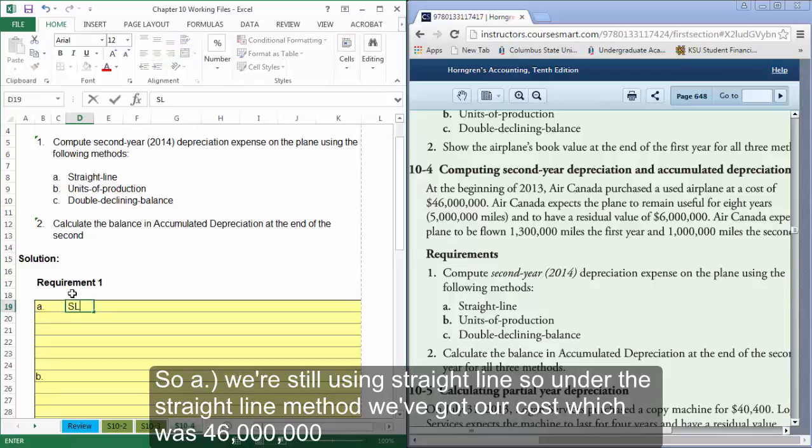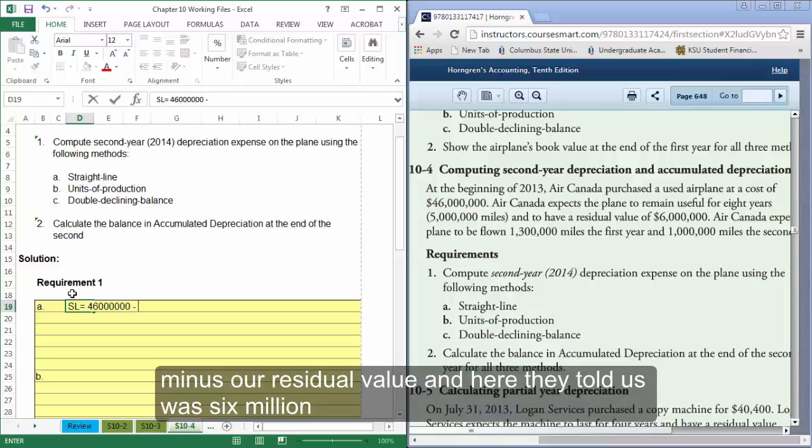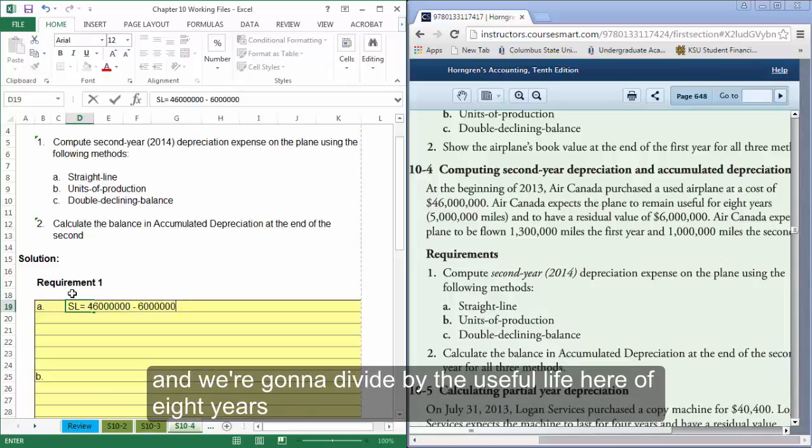So under the straight line method, we've got our cost, which was $46 million, minus our residual value, and here they told us was $6 million. All right, and we're going to divide by the useful life here of 8 years.